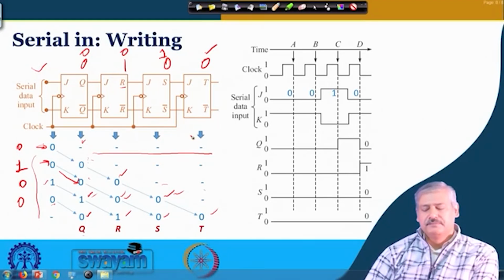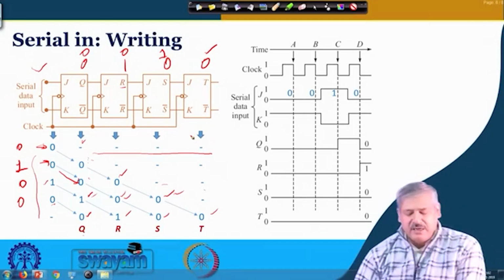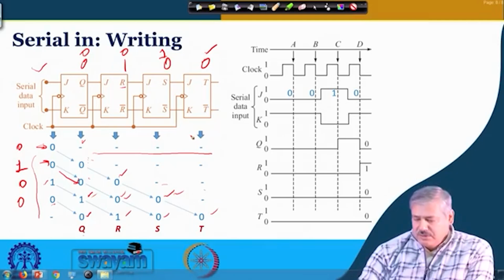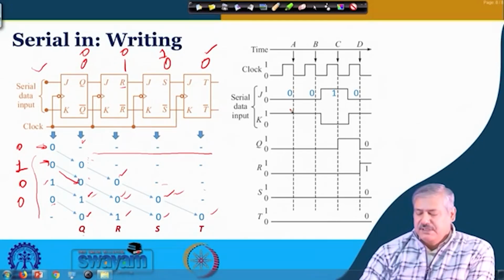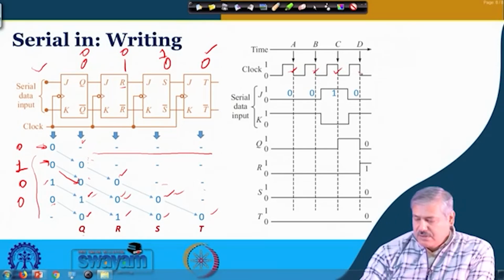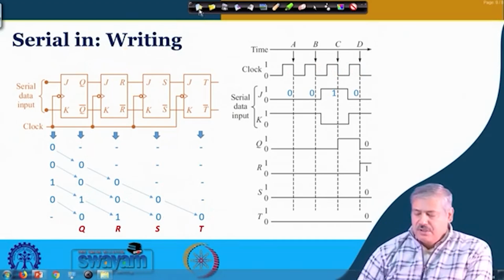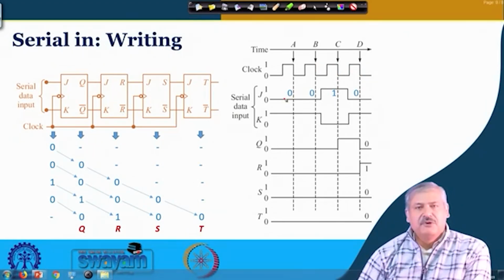Is it clear? The example is given through a timing diagram. What is of importance here is the clock edge. It is negative edge triggered, you can see this is the negative edge at which it triggers. At that time, whatever value is present at J, here it is 0.